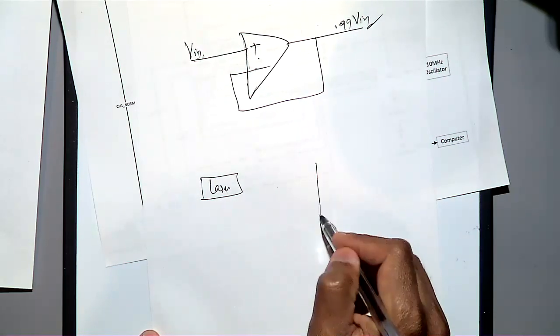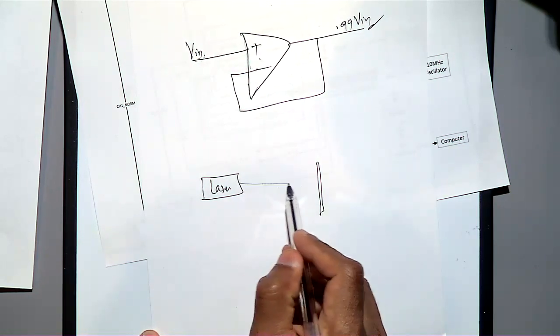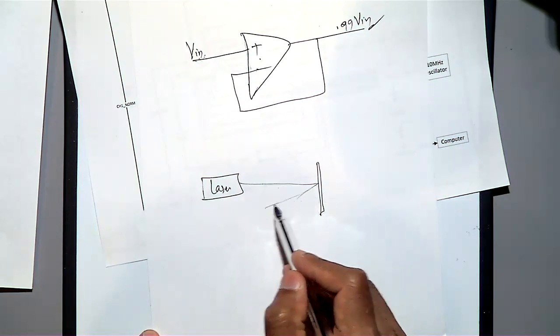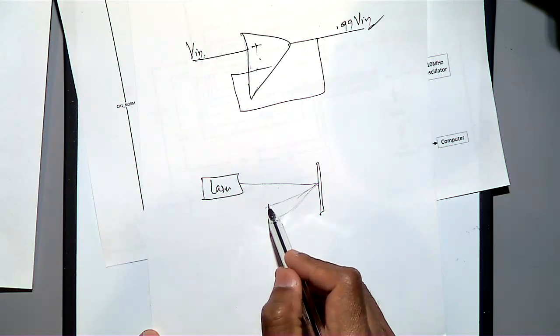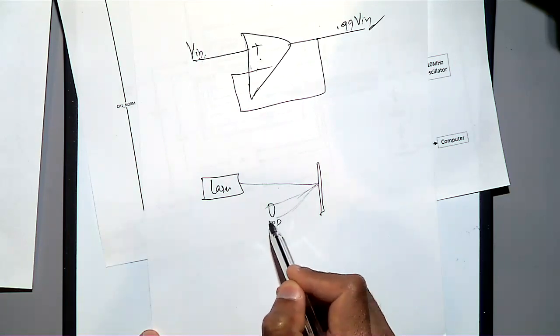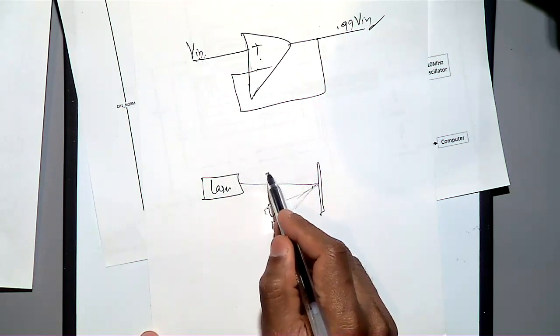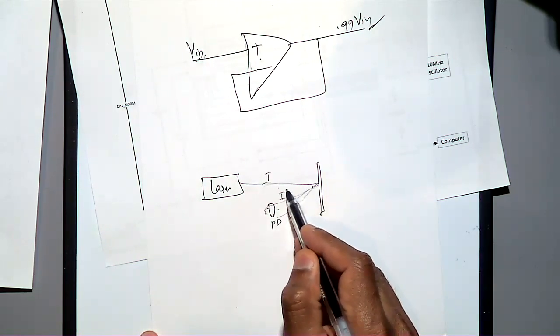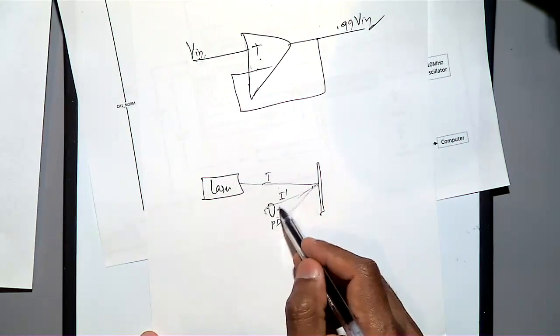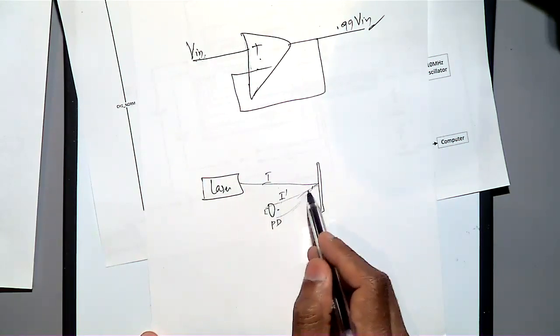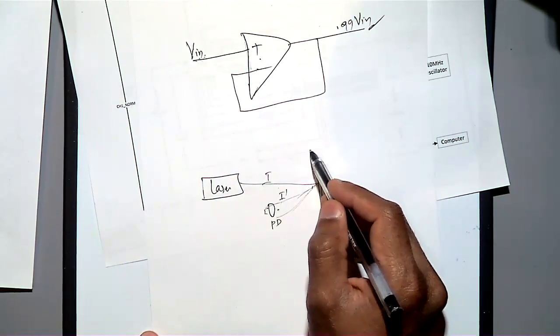From the laser I will put different wood surfaces, something like that. Then some is reflected or scattered, then there will be a photodetector, and then I am getting the signal. Then definitely I know that this is I, then maybe this is I dash, and then I can measure the voltage, and different wood has different reflectivity.